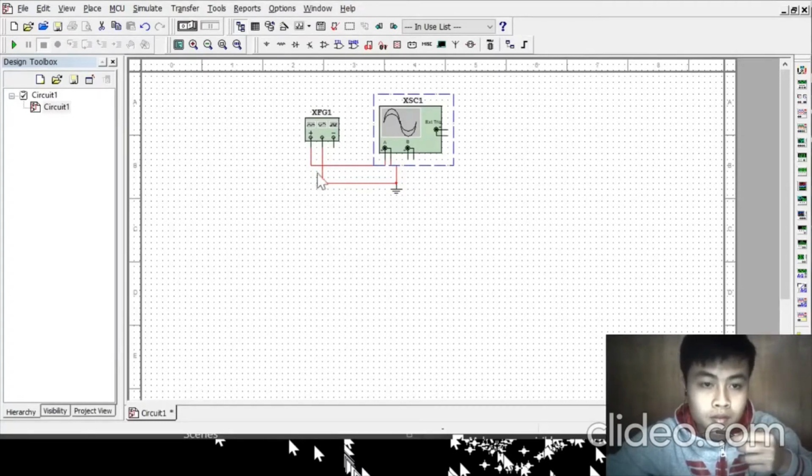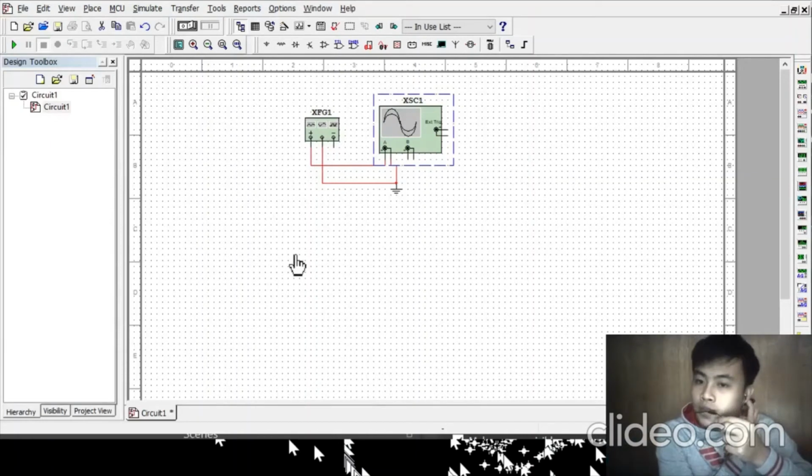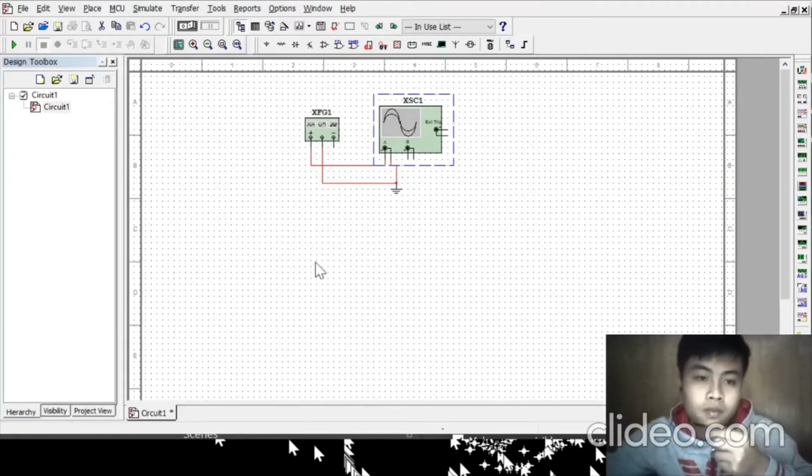Here, as I said before, the function generator has three waveforms, which are sine, square, and triangular. Commonly, we use the sine wave to see one full cycle. Now I choose sine wave.